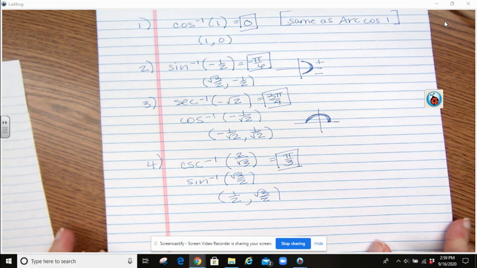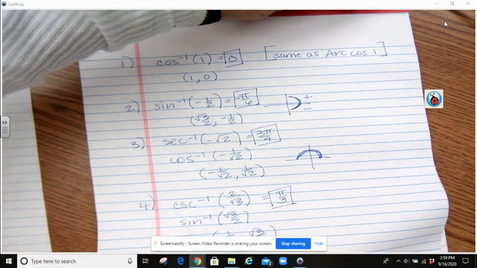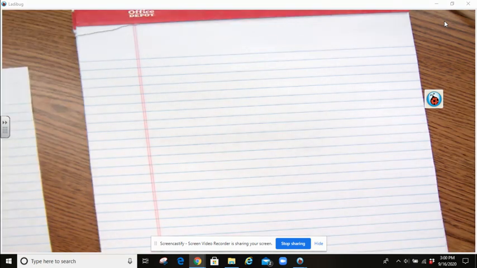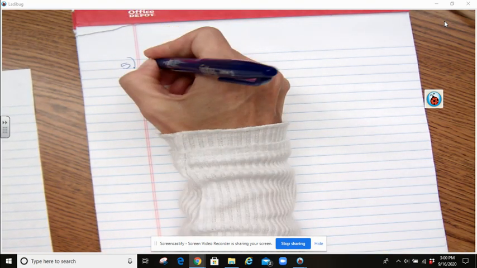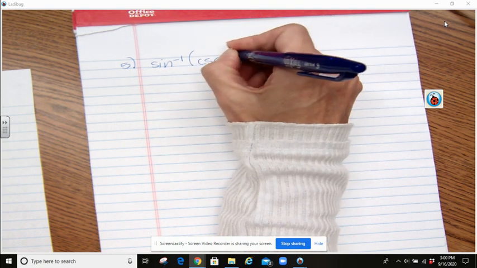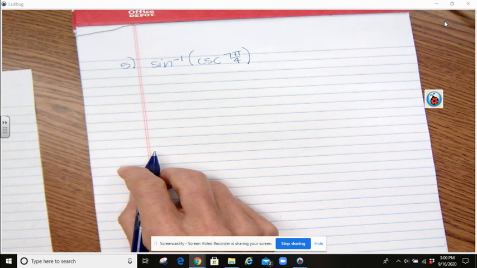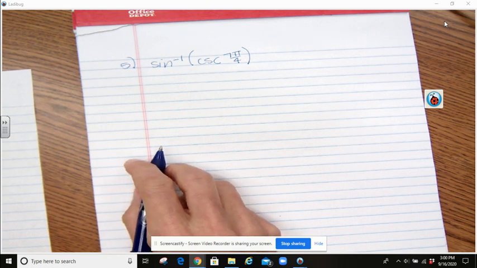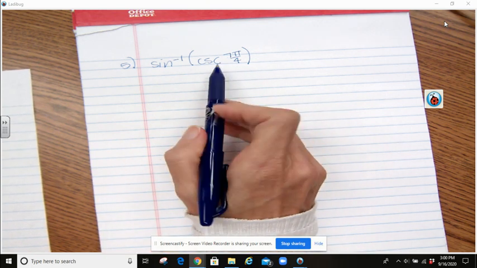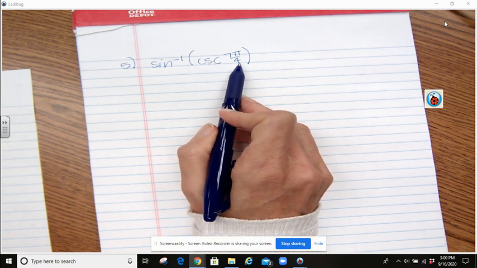All right, so let's do a few more where you have to work from the inside out. The inverse sine of the cosecant of 7 pi over 4. So you work from the inside out. Now there is a shortcut here, but you have to be careful. When I have a regular trig function, they give me an angle and I come up with a value.